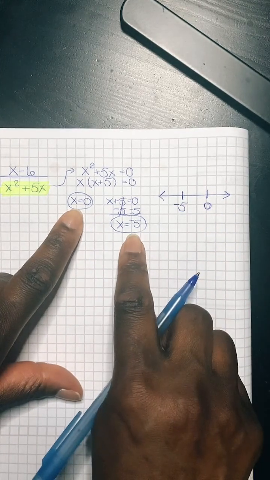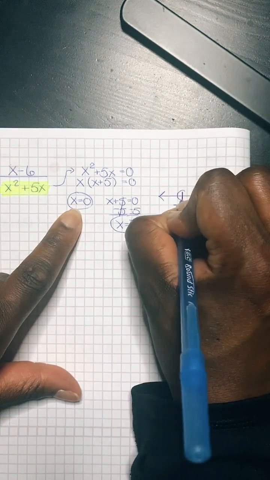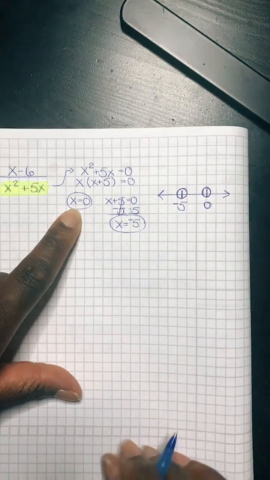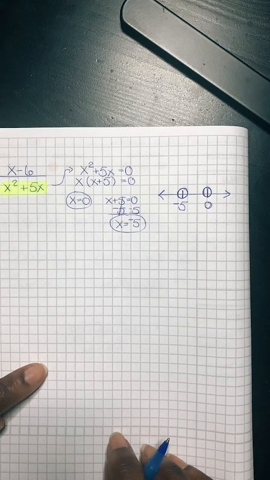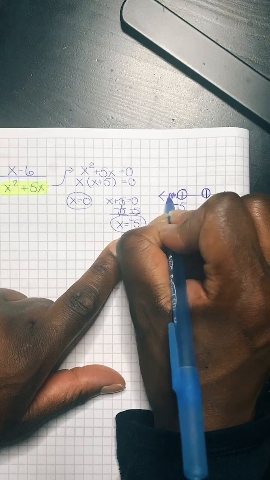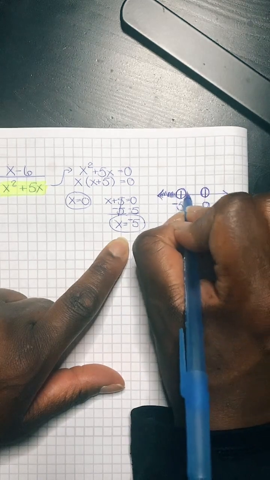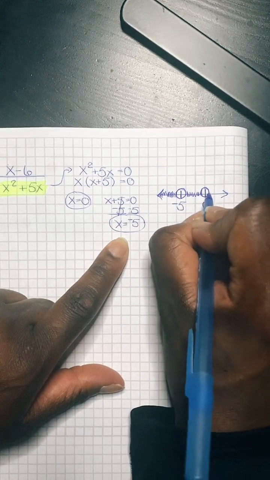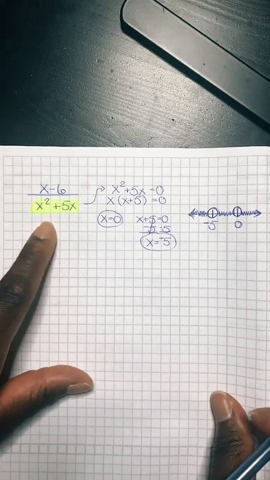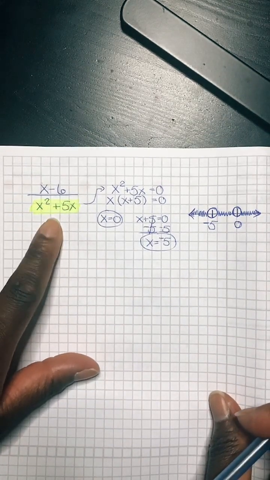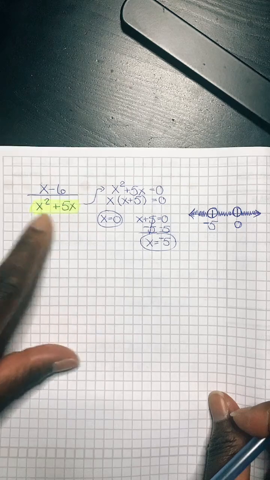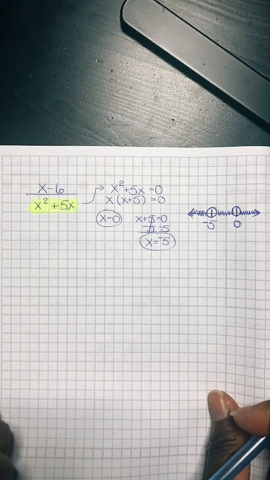These are the spots where it can't equal, so I'm putting a circle around the -5 and a circle around the 0. So I'm basically saying any number less than -5, any number in between -5 and 0, and any number greater than 0 is going to make this denominator work as a function. It's only -5 and 0 that's going to screw everything up, that's going to give me zeros.